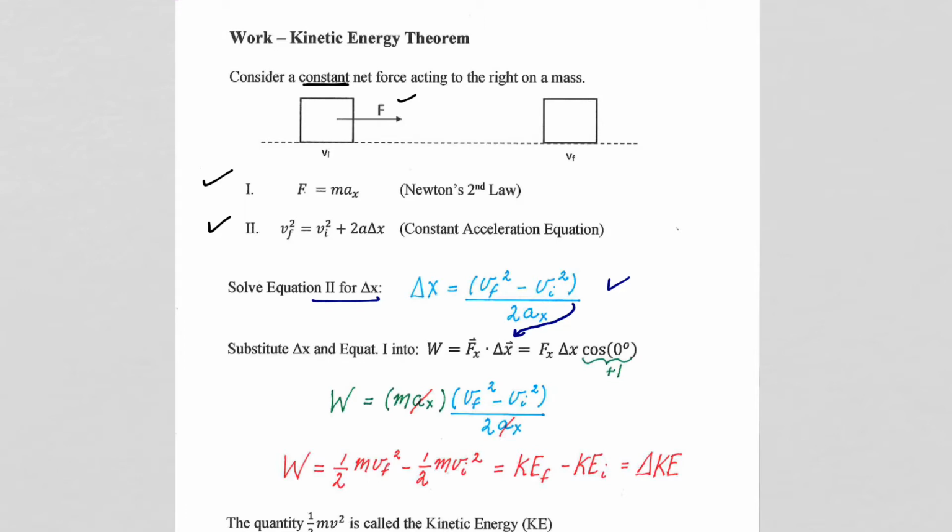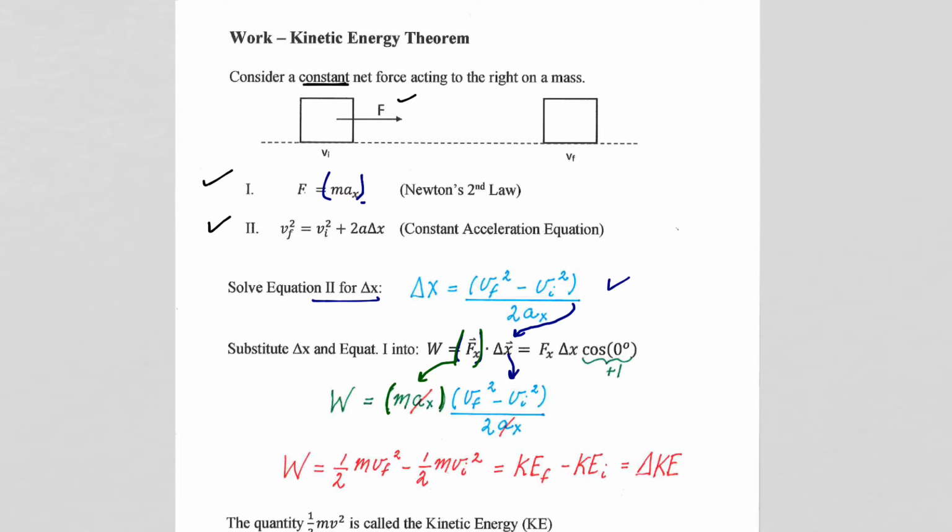Since our force is only in the x direction in this problem, we are taking the ma up here and plugging that in for F of x. So this is the force F x equals ma. So our delta x comes in for the delta x, and believe it or not, that is it.